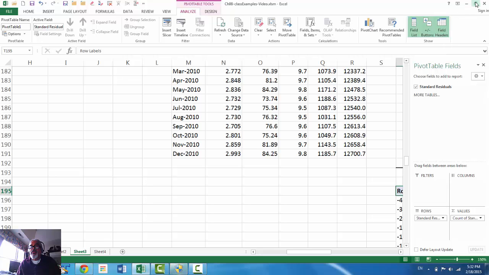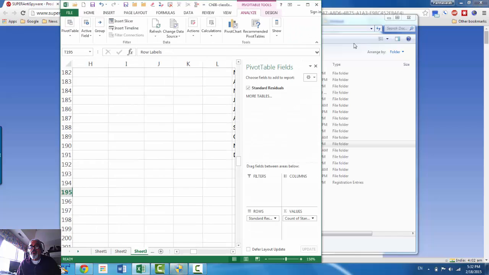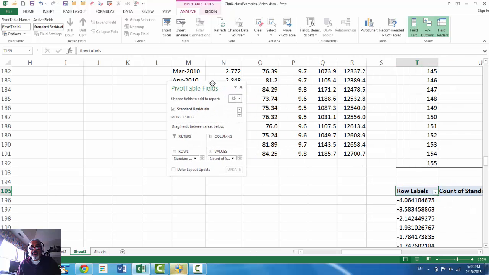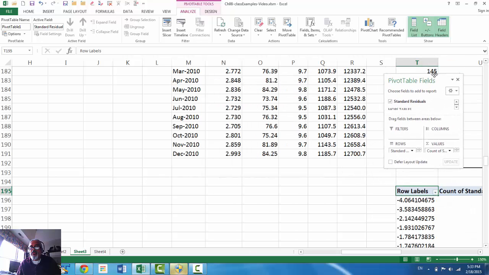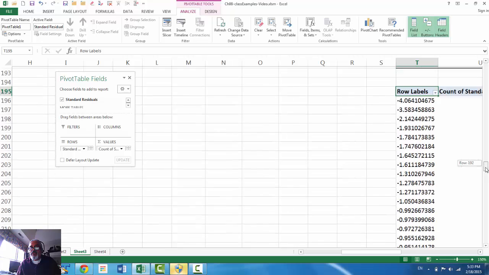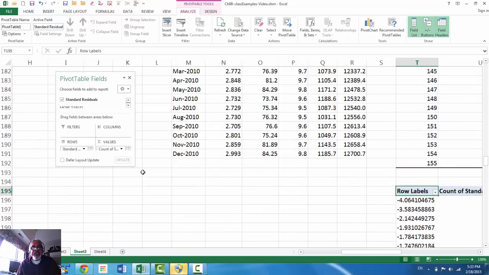But our pivot table has one row for each standardized residual, so we need to group that.